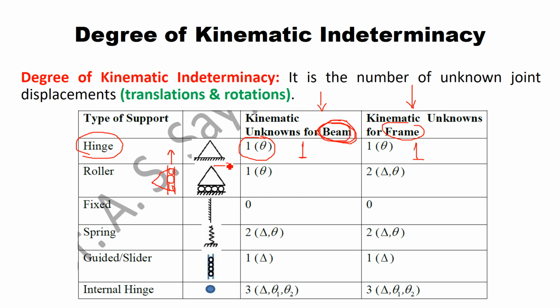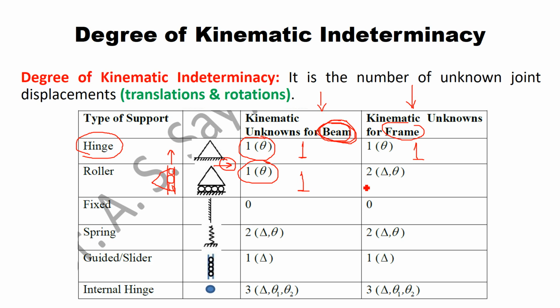And therefore, if horizontal displacement is also 0 in a beam, there is only one kinematic unknown at roller support, and that is rotation. So if roller support is provided in the beam, the kinematic unknown or joint displacement at roller support is only one, that is theta. So hinge support as well as roller support, the unknown is only one, that is theta, if it is a beam.